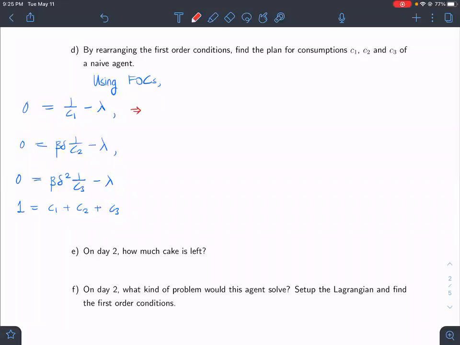This is just 1 over C1 equals lambda, so this becomes C1 equals 1 over lambda. And also C2 equals beta delta over lambda. Oh, am I going too fast?